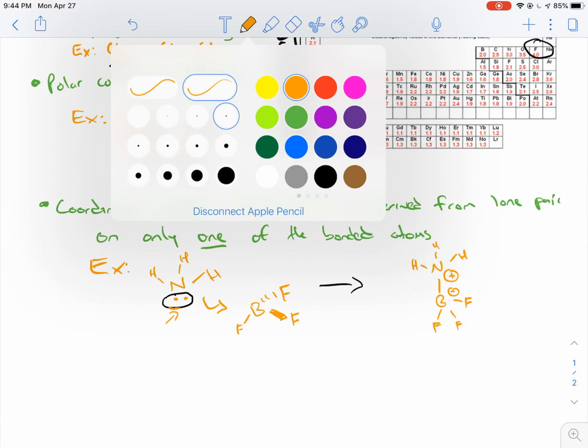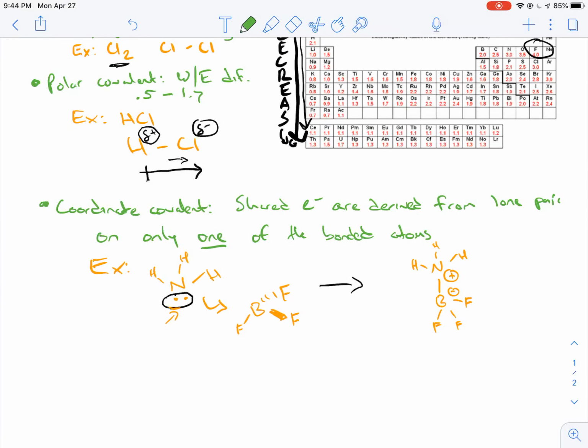Let's move on to the last type of covalent bond. We're going to look at metallic bonding. That's basically when metal atoms are joined together. So metals joined. And at this point, we have the electrons that become delocalized.